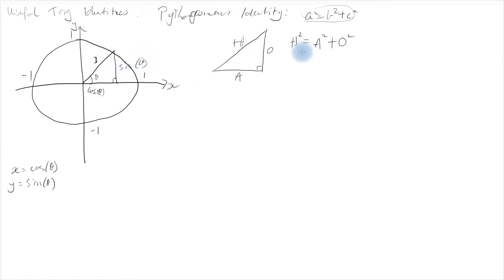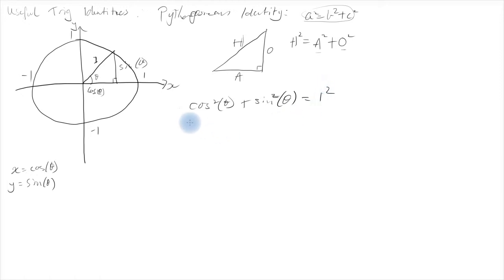So we can change the Pythagoras identity to: the adjacent side squared, that's cos squared, plus the opposite side squared, that's sine squared, equals the hypotenuse squared, 1 squared.